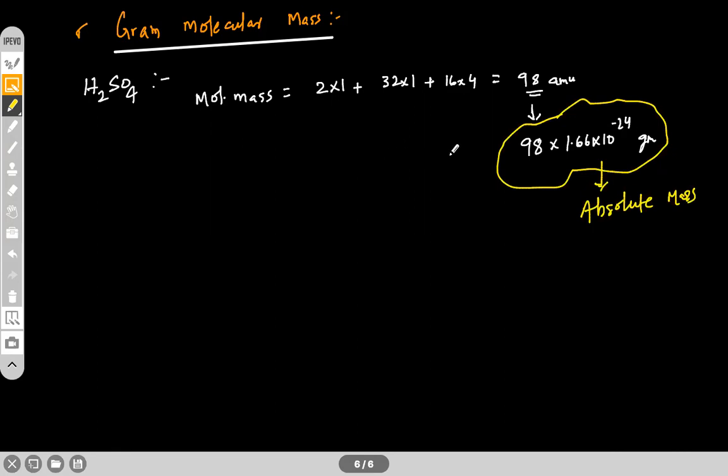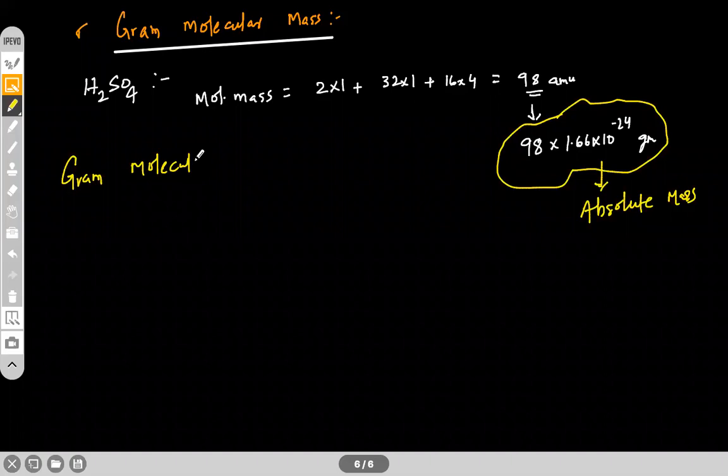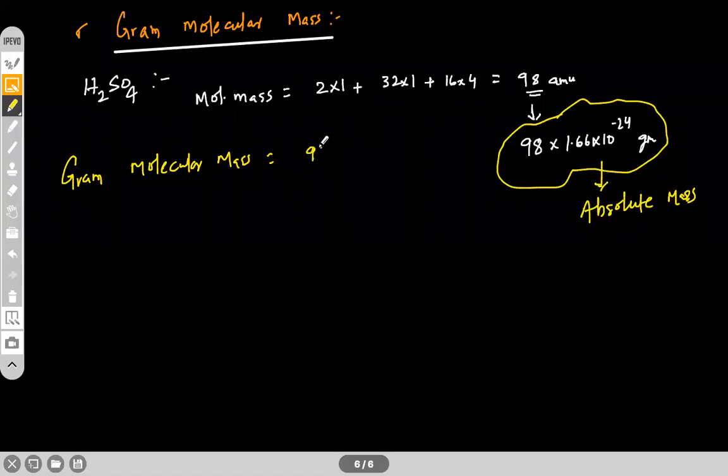Right? Further, if you calculate the gram molecular mass, it is the mass of Na such molecules. So 98 into 1.66 into 10 to the power minus 24 into Na.